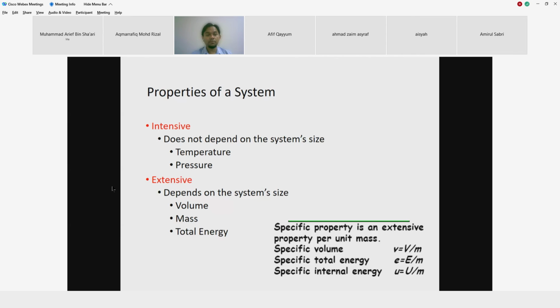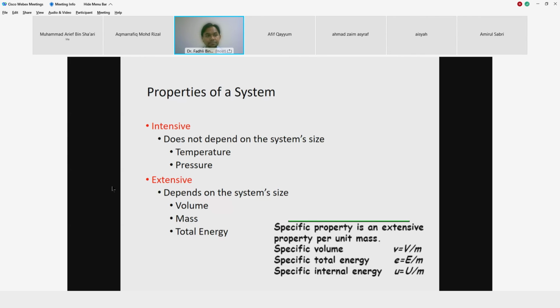If the system or our room becomes double, the temperature of our room is still the same at 25 degrees C, room temperature, right? Make our room bigger, temperature still the same. So that means temperature is in the intensive category. It does not depend on the size of the system.